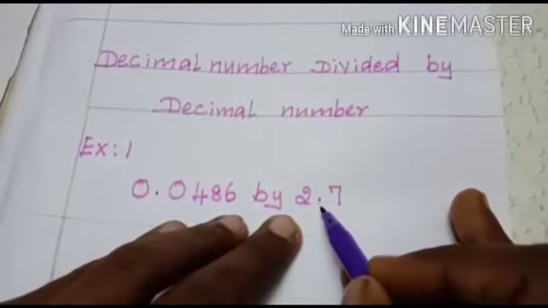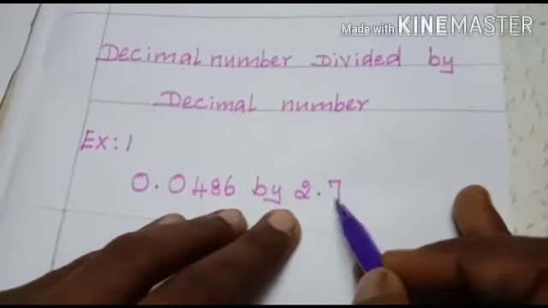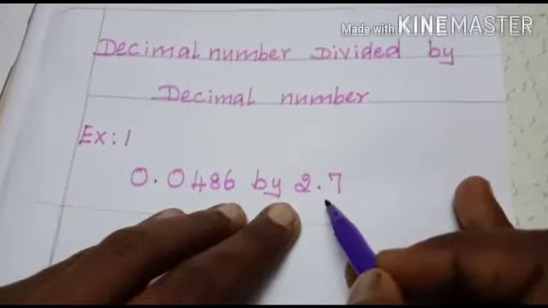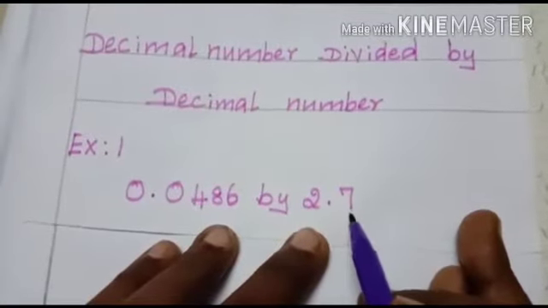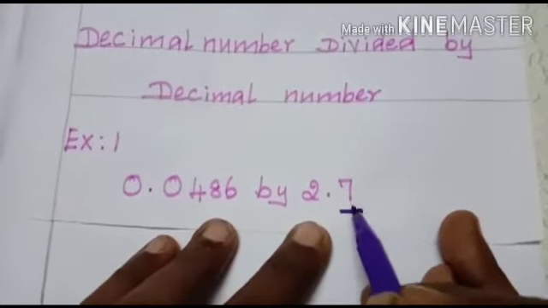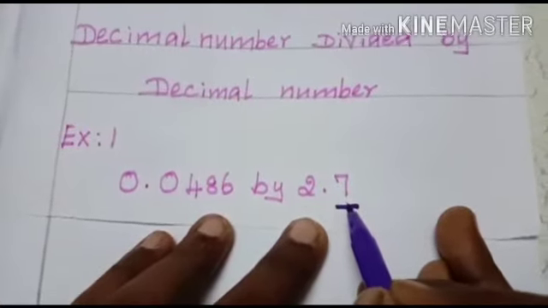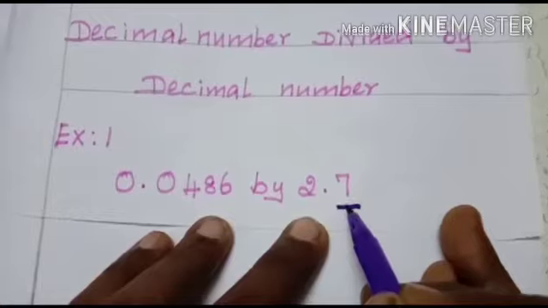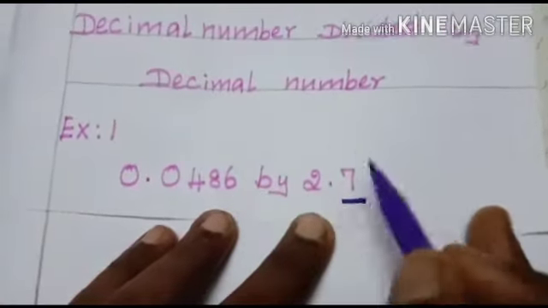We have to remove the decimal point in the divisor. In order to remove it, first we look at the decimal places. Here there is only one decimal place, so we have to multiply both the numbers by 10.